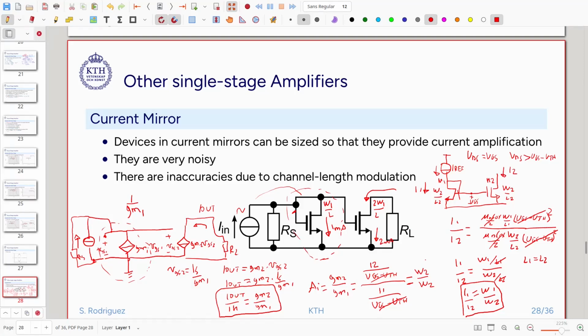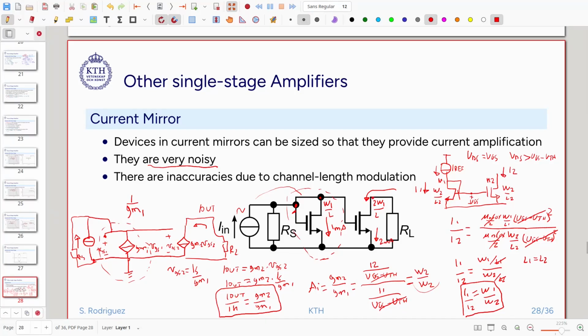Now, to have very large gains, I will have to have very large transistor ratios, and sometimes it is not very practical. There are other aspects that are also interesting. We're going to talk about noise in the next lectures. Current mirrors are very noisy. And something else is that if we take a look here, this transistor has the gate and the drain voltage connected together, so VDS and VGS are exactly the same.